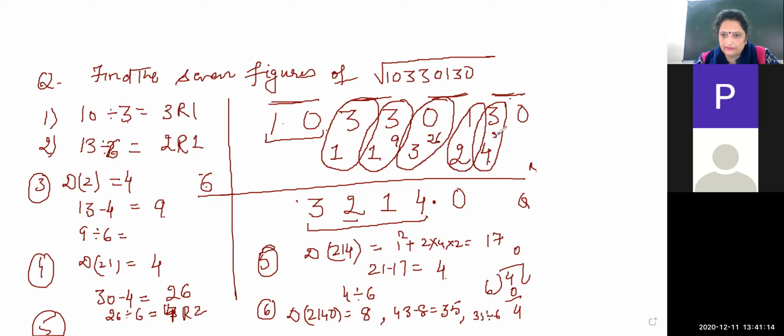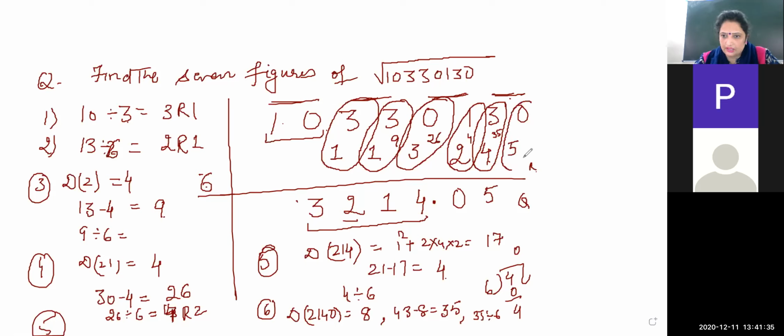Here 35 was left over; where 21 was, there was 4, right? So where will 35 go? 5. 6 5s are 30, and here is the quotient 5, right?